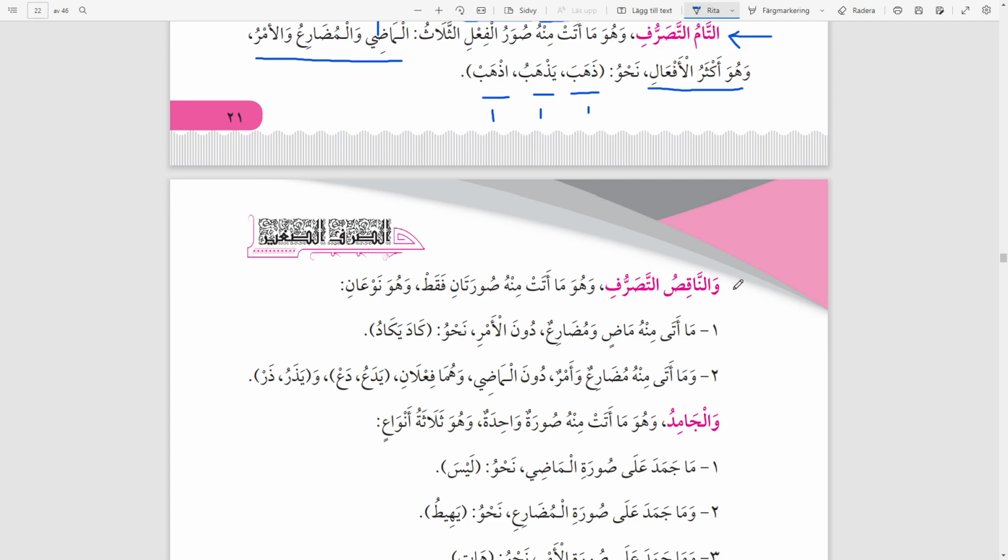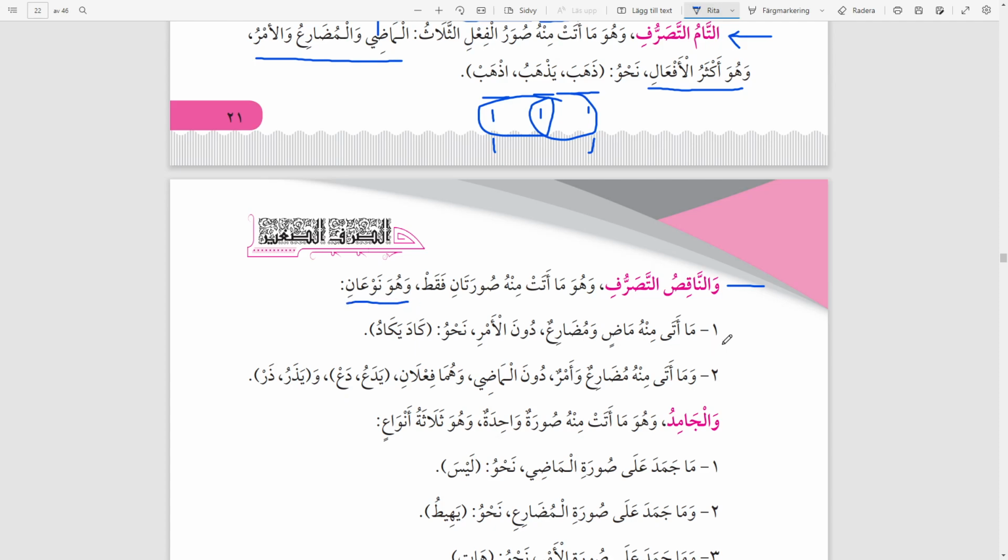Then you have الناقص التصرف, which is an incompletely morphable word. It has only 2 of these. So not all 3 tenses are represented, and you have 2 types.